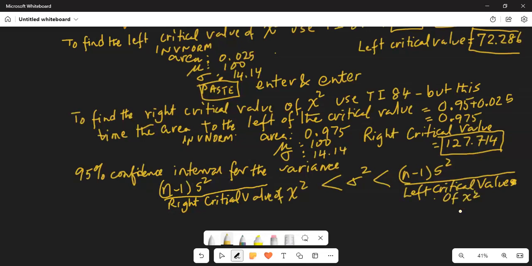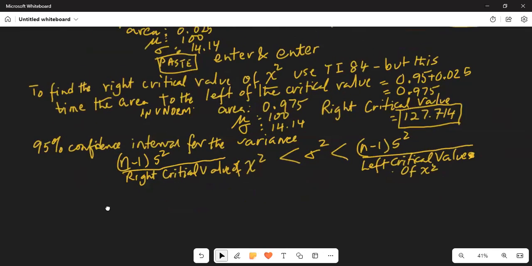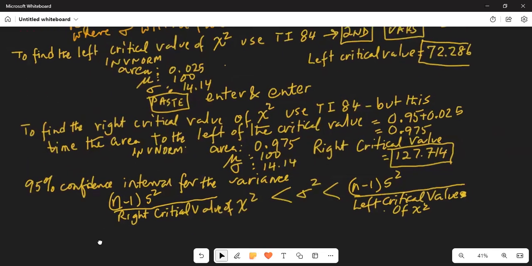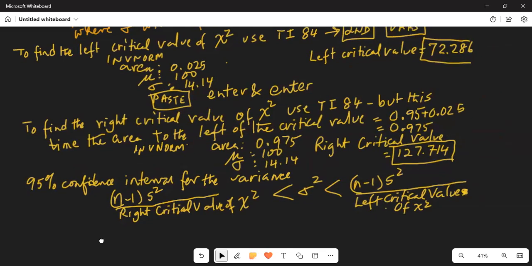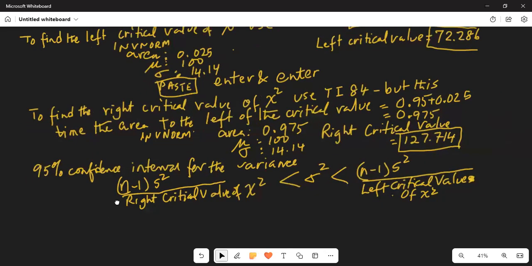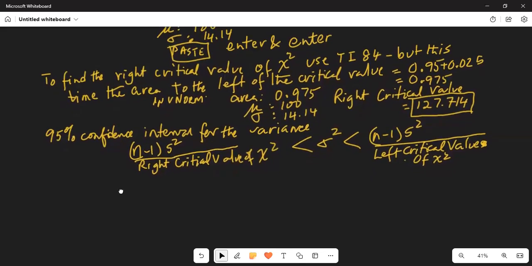Okay. So let's work on that. Remember, our right critical value is 127.714 and the other is 72.286.